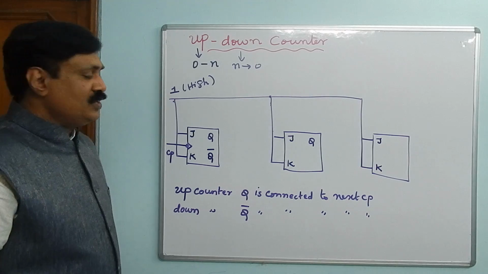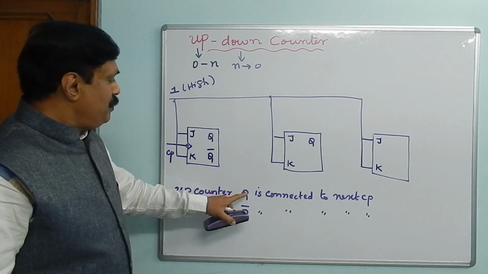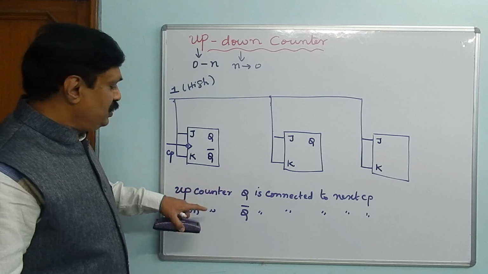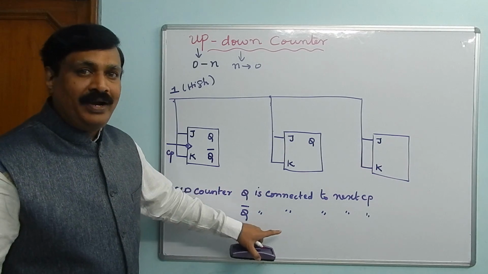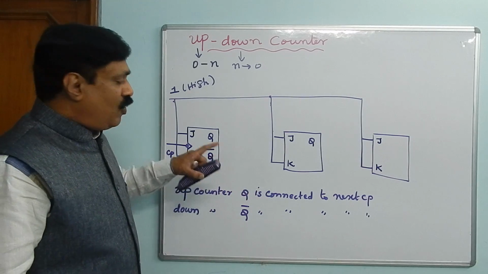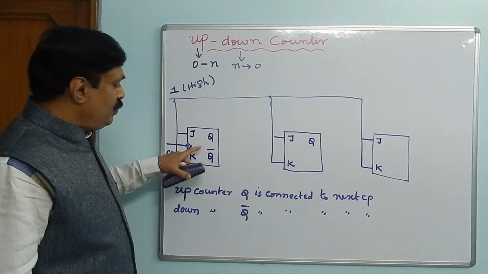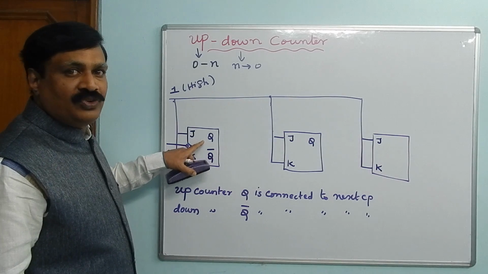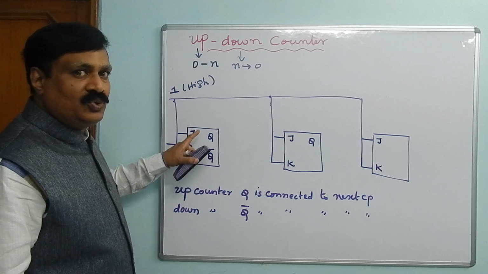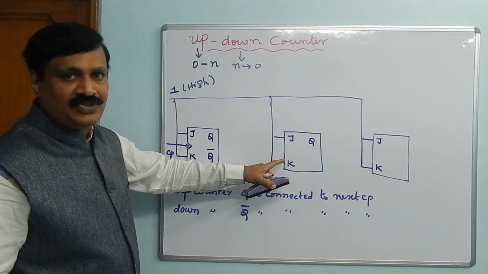So for one type we use Q, for the other type we use Q bar, but in both cases the output is drawn from Q only, not Q bar. You have to connect Q or Q bar to the next clock pulse.